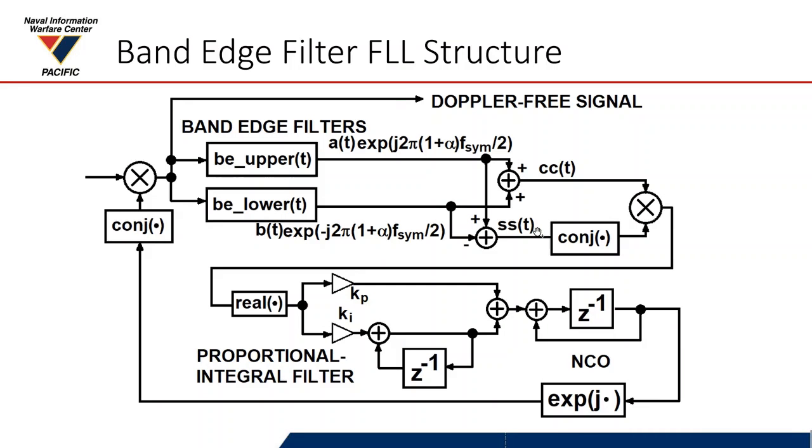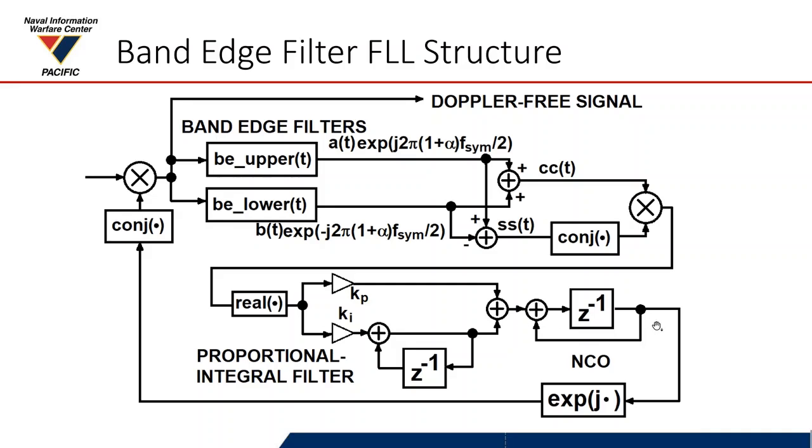The real part of this product has an interesting spectrum. There should be a large spike located at 0 hertz, and its size is proportional to the frequency offset of the signal of interest. So our error term is then passed through a proportional integral filter, which gives us a frequency update that we feed to a numerically controlled oscillator.